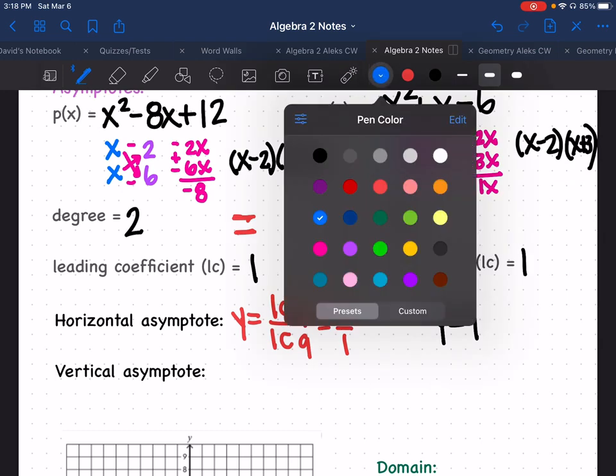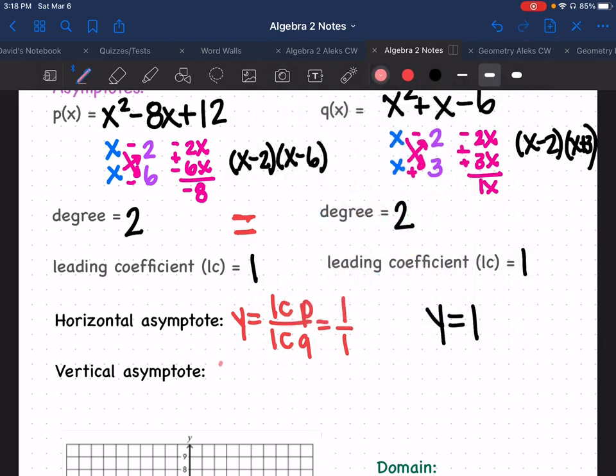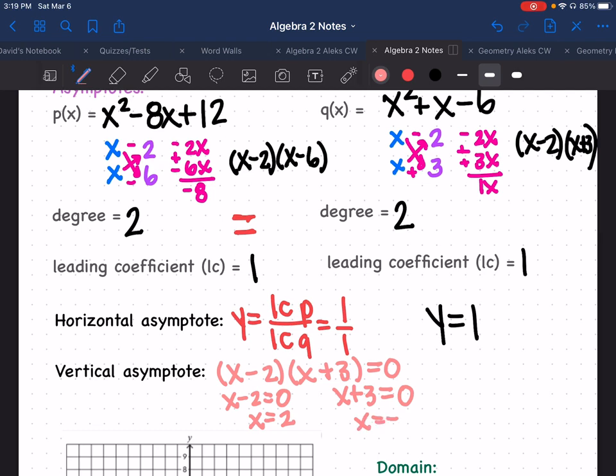We're going to go ahead and do that. So we would have this set equal to 0, which we would add 2 to both sides and we would get x equals 2. And then we would have this one, we would subtract 3 from both sides, so we would get x equals negative 3.